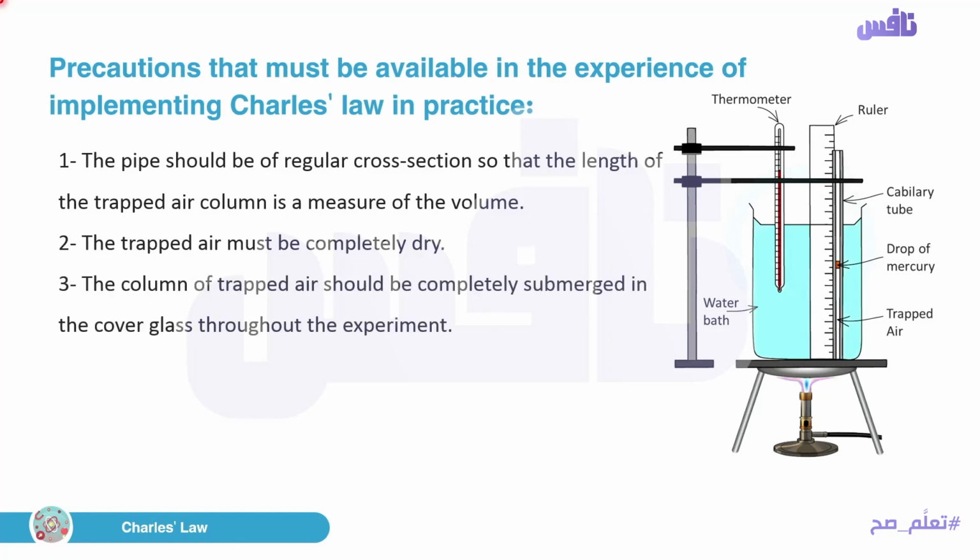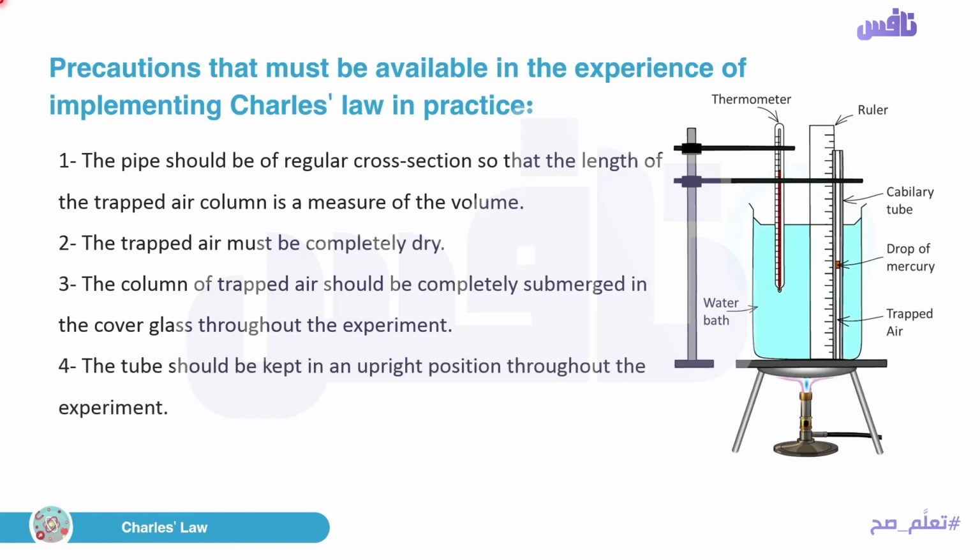Number 3, the column of trapped air should be completely submerged in the cover glass throughout the experiment, to control the temperature. Number 4, the tube should be kept upright throughout the experiment without any slope, to make the values accurate.